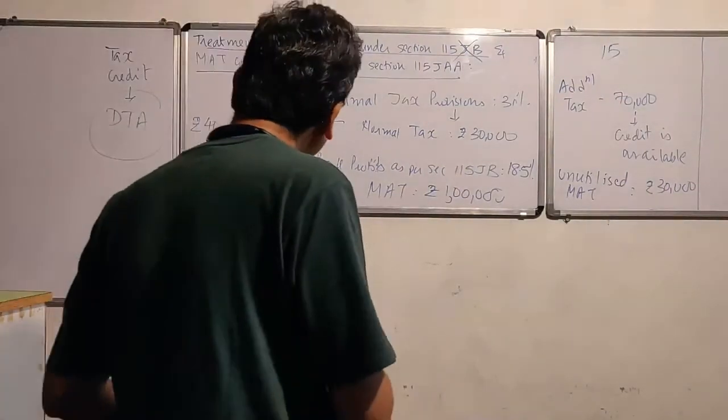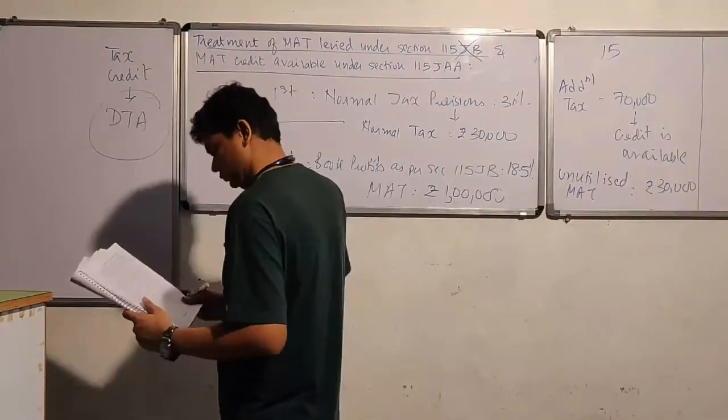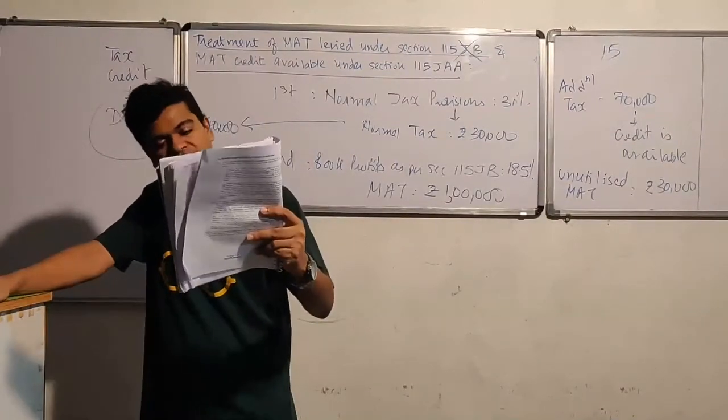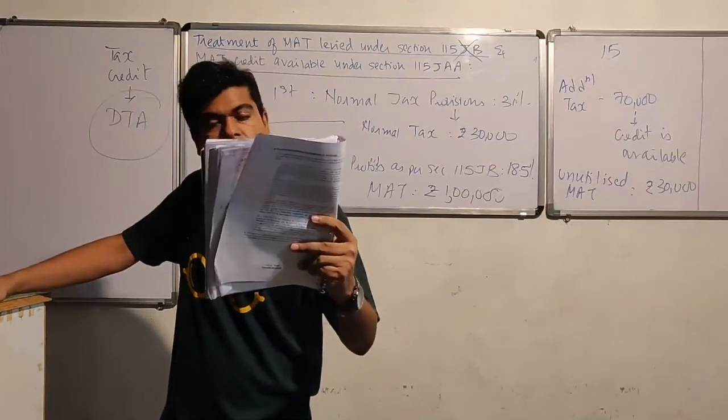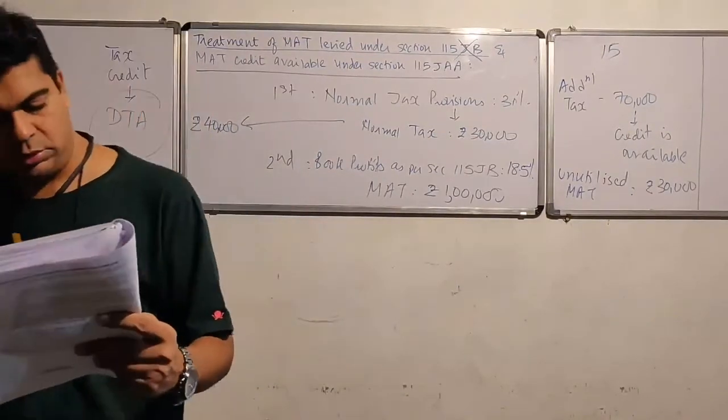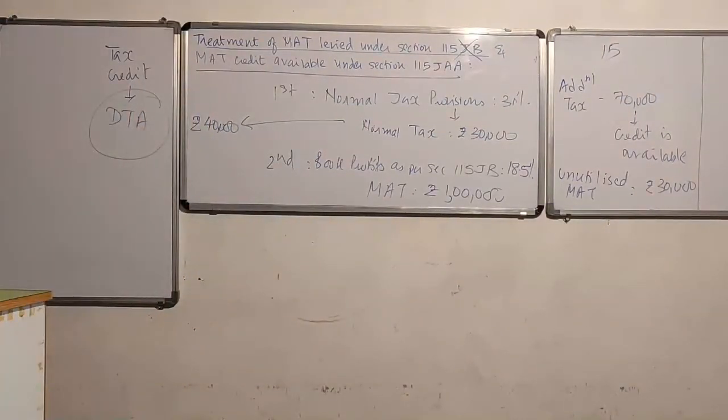MAT credit on 31st March 17 of rupees 9.75 crores shall be presented as deferred tax asset. Full stop.